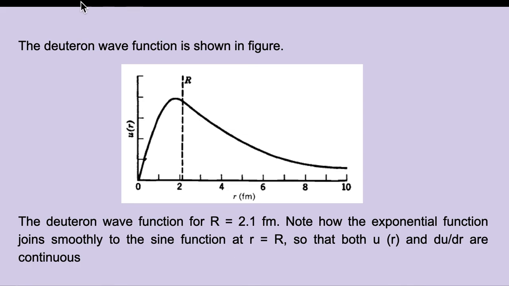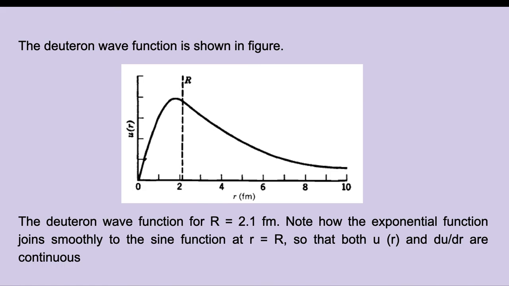And now, the deuteron wave function is drawn in the figure that we have just mentioned. The deuteron wave function should be continuous, and in the first region it is a sine function, and in the second region it is an exponentially decaying function. So the deuteron wave function for R equal to 2.1 femtometer. This is 2.1.